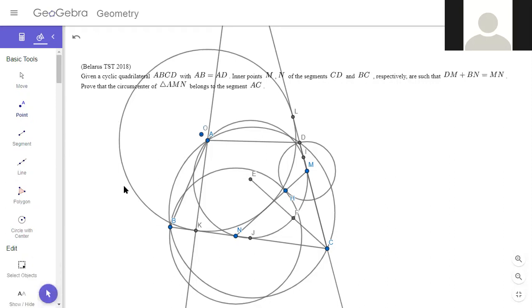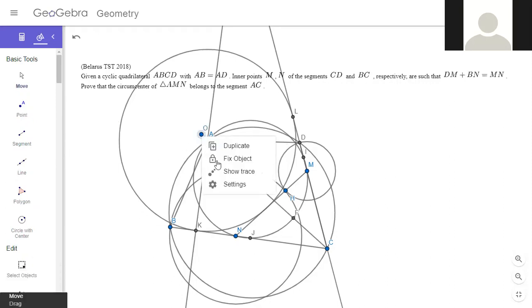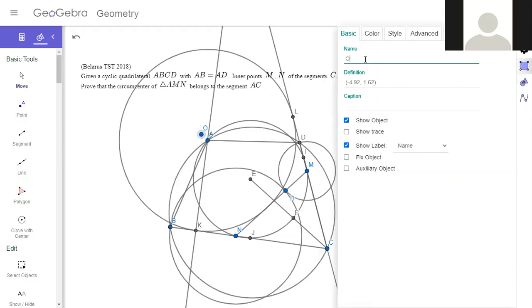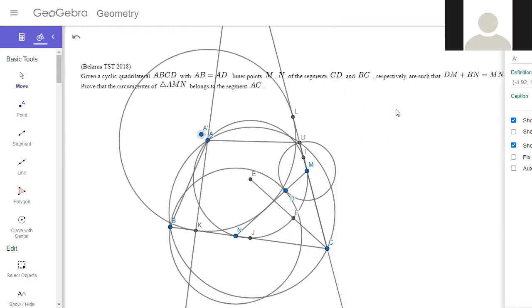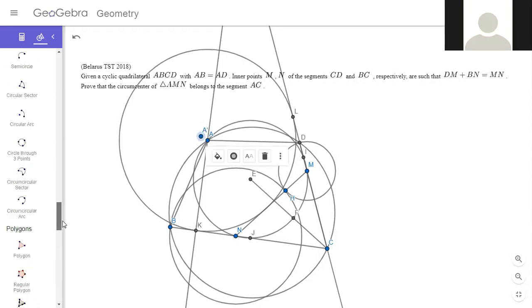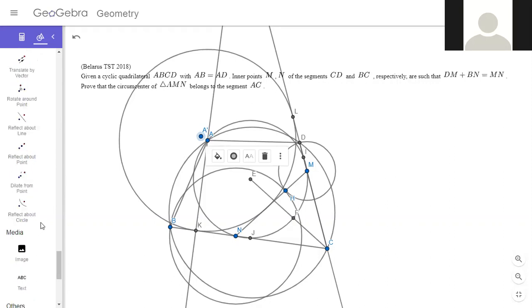What if I let A prime be the actual center of the X circle? And I want to show that A prime is equal to A, but we know that BK is equal to DL. We know that A prime K is equal to A prime L. And yeah, okay, so I'll try to write it out like this. Let me see if this makes sense to you.